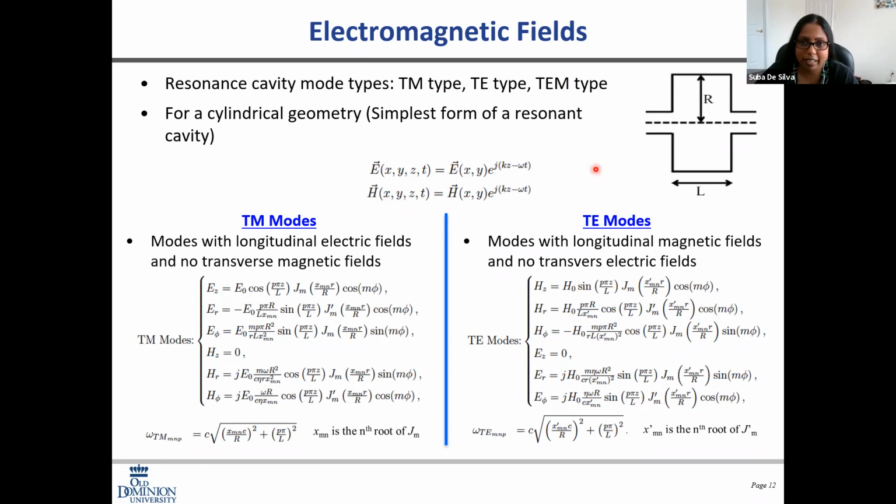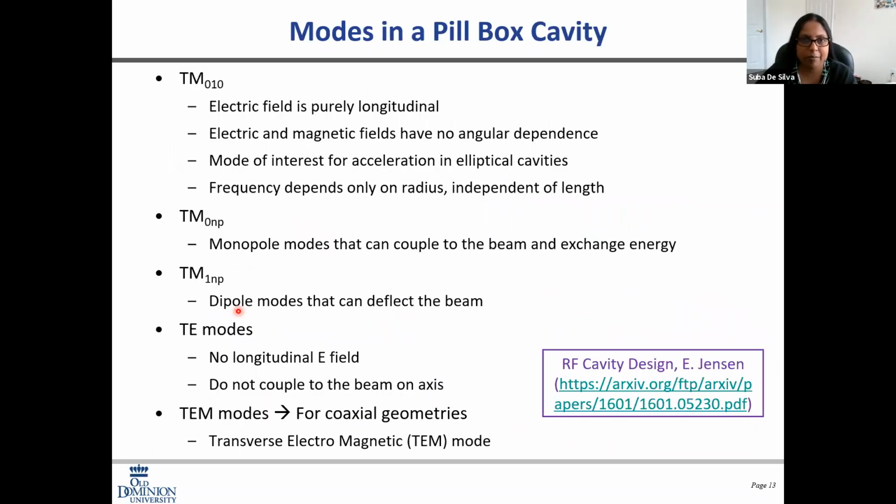The simplest form to look into understanding these field profiles is to look into a pillbox cavity. So for a pillbox cavity, you can even do it analytically and do the TM modes and TE modes as shown here, and you can try to get an understanding of different mode profiles. So you can categorize them based on a pillbox cavity and try to get a better understanding.